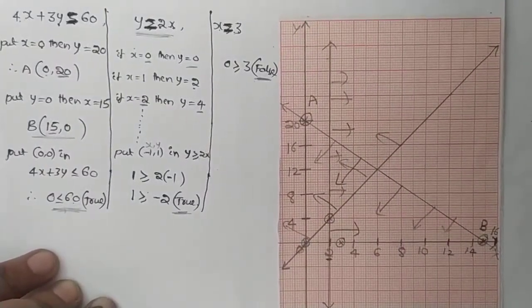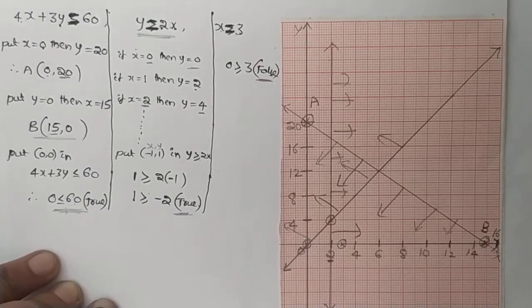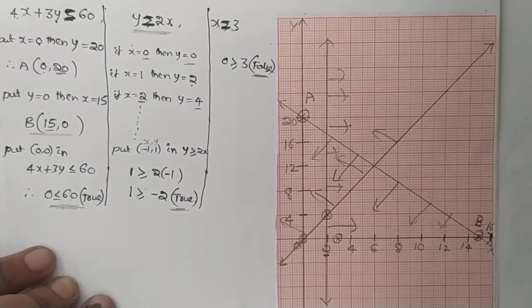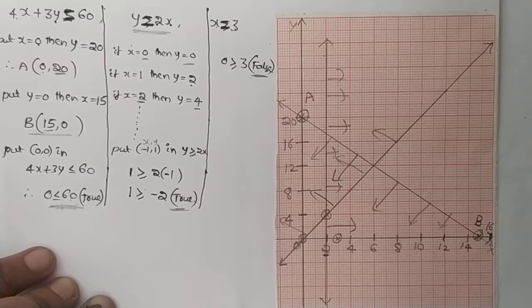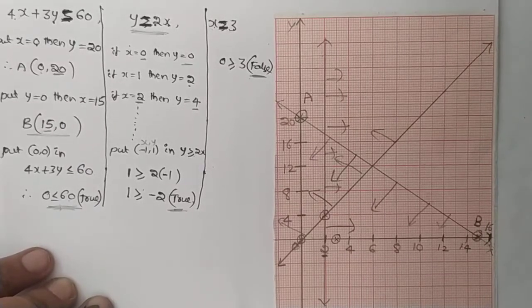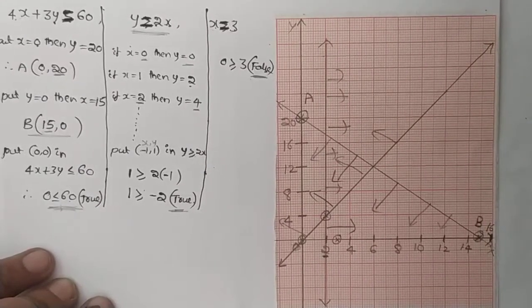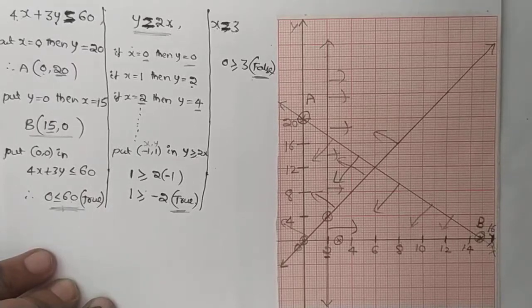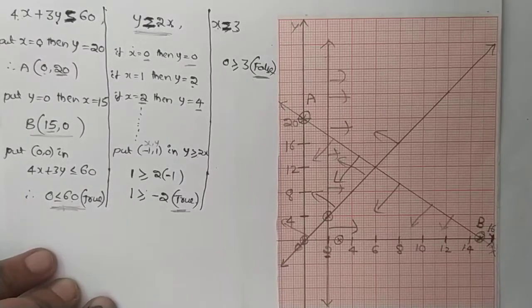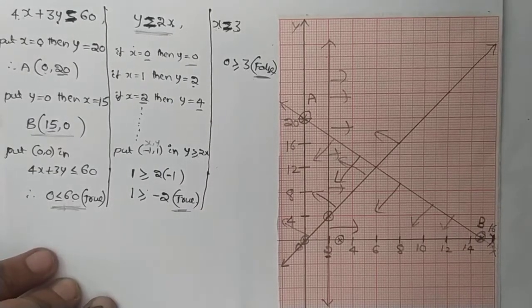Now you just see where the common region is bounded. We have 5 inequalities. We understood that x comma y greater than or equal to 0 represents the positive x and positive y axis, so you just leave that inequality.